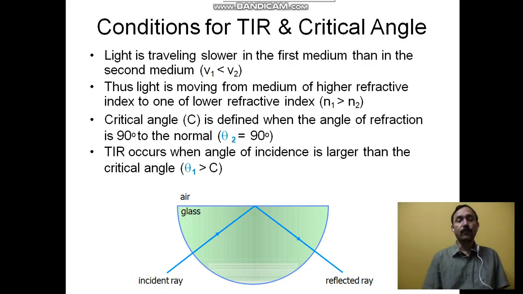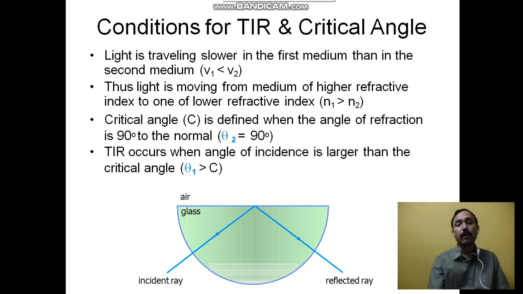Total internal reflection, or TIR, occurs when the angle of incidence is larger than the critical angle. If this angle is theta 1, then it should be more than the critical angle C. You have already discussed what C is: C is the angle of incidence for which the refracted ray becomes 90 degrees.